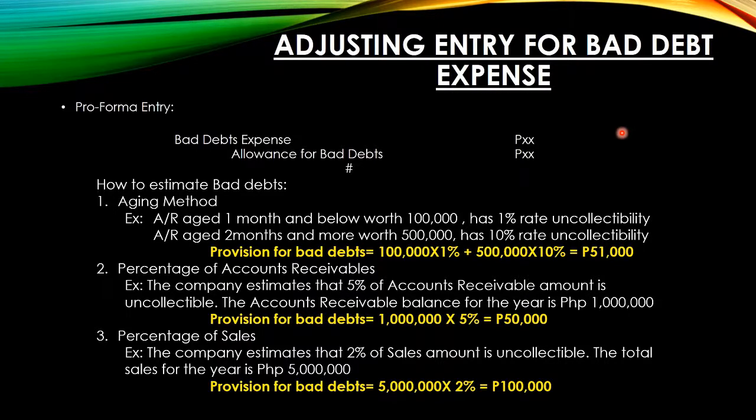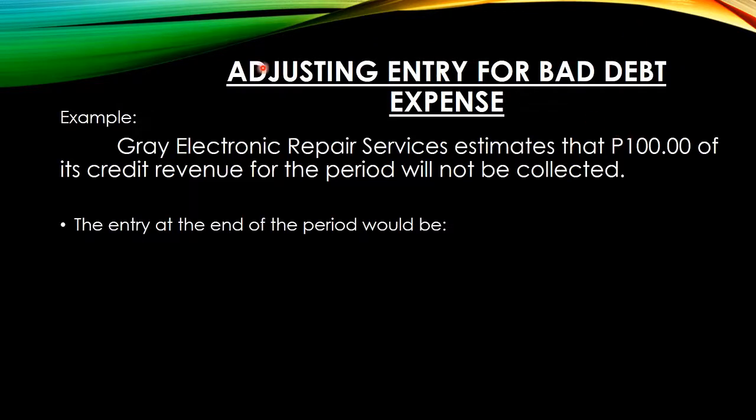Okay? So please take note of the methods of how to compute the provision for bad debts because sometimes the problem won't give it right away. But if the case is very generous, yara pong idaritso og hatag pila ang provision. For example, like this, it estimates that 100 pesos of its credit revenue will not be collected.